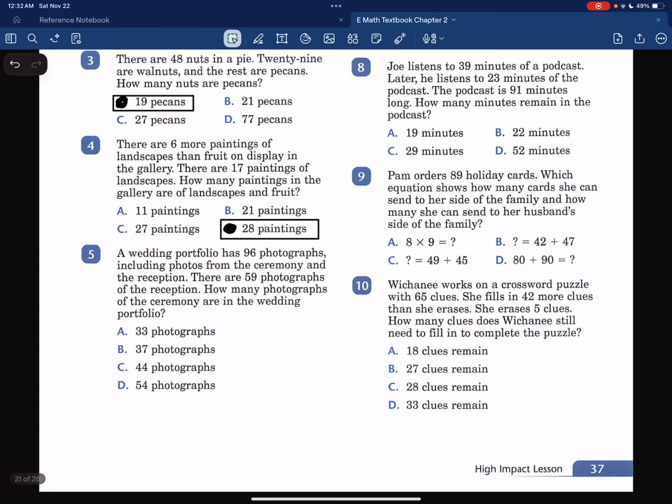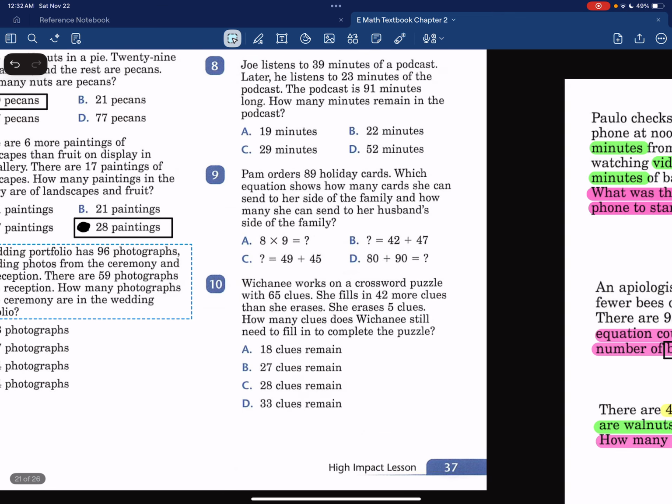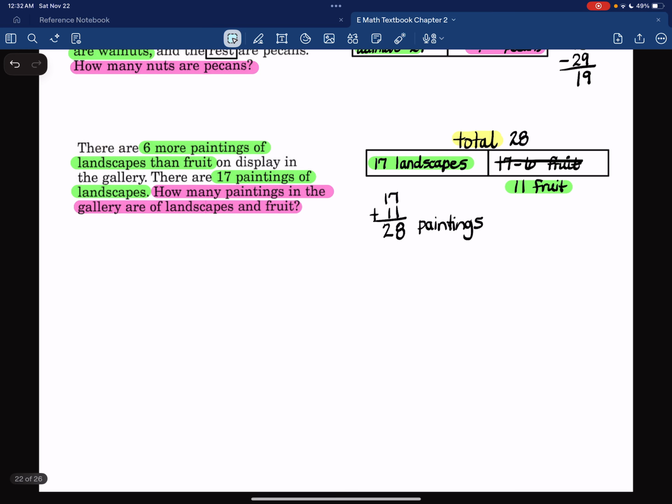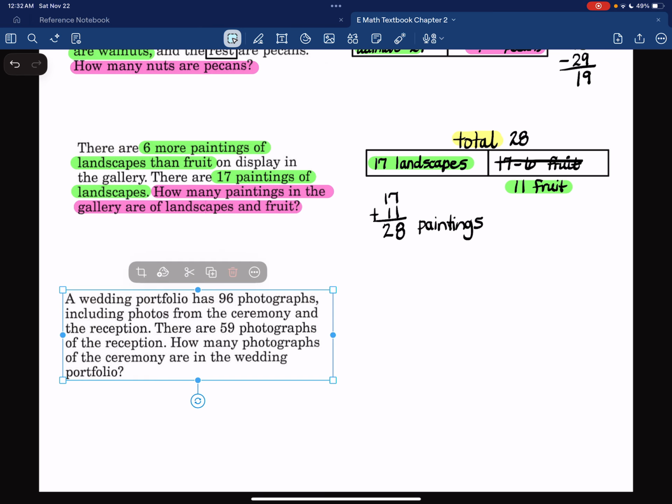Number 5. A wedding portfolio has 96 photographs, including photos from the ceremony and the reception. There are 59 photographs of the reception.